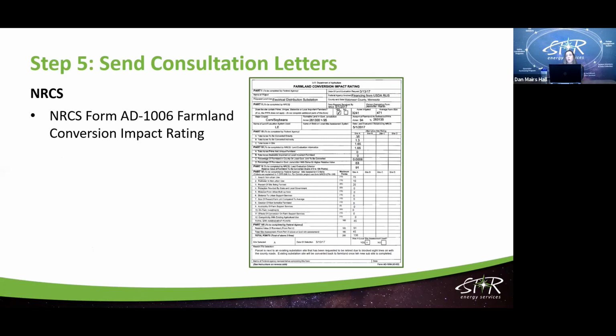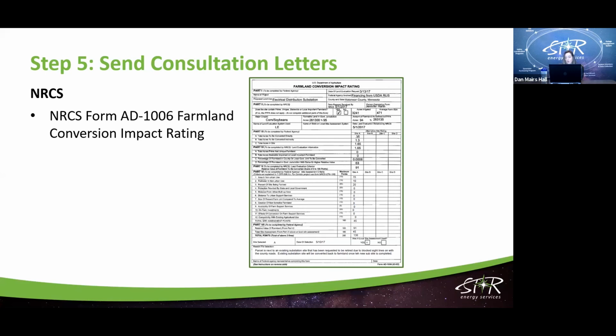NRCS. So sometimes for some projects, like substation projects, new substation builds or expansions, this form is going to have to be used. This is called the NRCS form AD 1006. It's a farmland conversion impact rating.